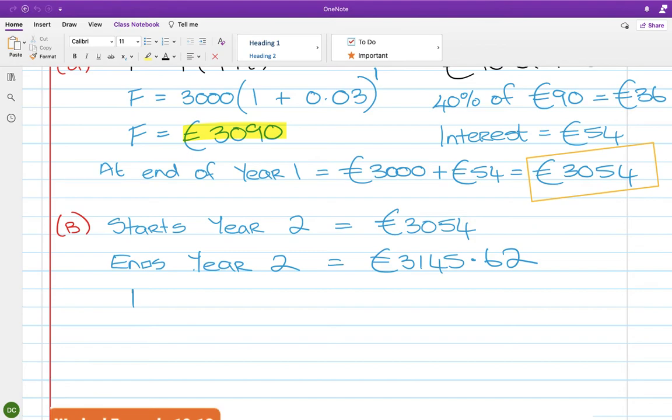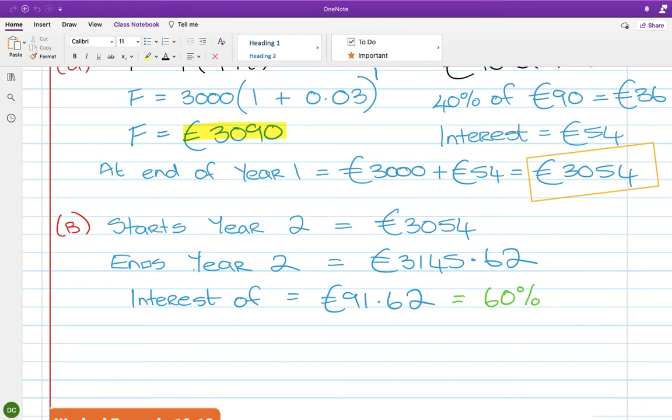Okay, so that's interest of 3145.62 minus 3054. That's interest of €91.62. Okay, but that's after the tax has been taken away. So that's actually only 60% of the money he earned in interest.